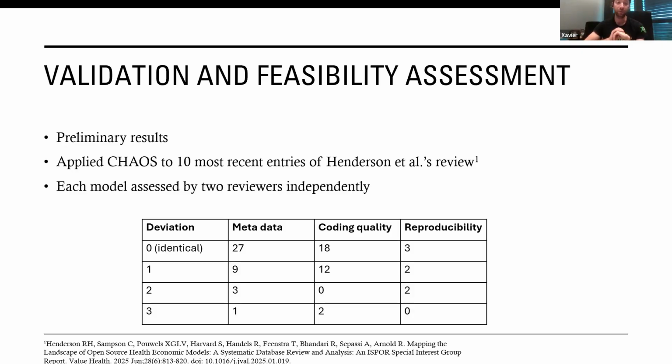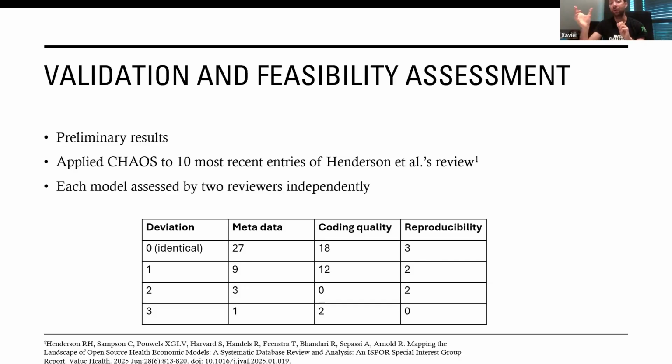And what you see in the table there is the deviation in assessment, so in levels, for each of the items of the checklist. So for the metadata, you can see that out of all the ratings, 27 are actually identical between the 2 reviewers, 9 deviate by 1 level, 3 by 2 levels, and 1 by 3 levels.